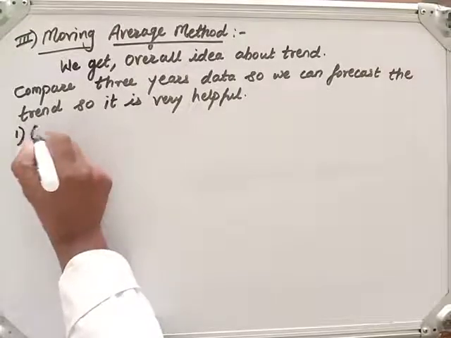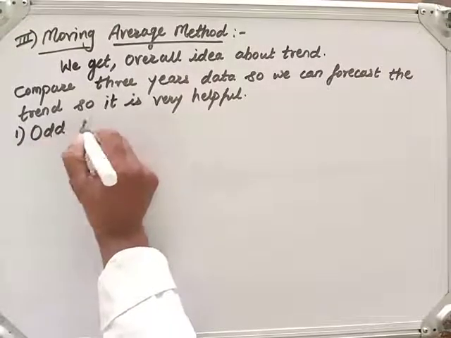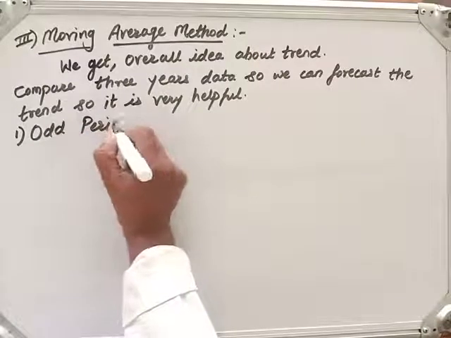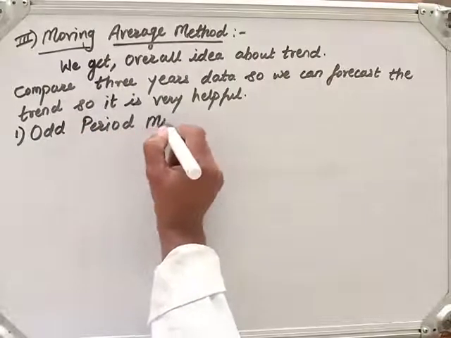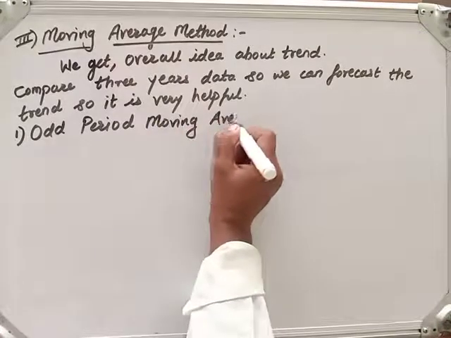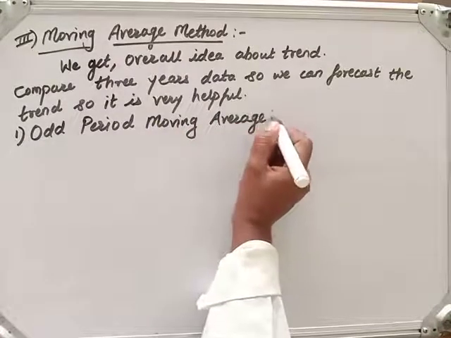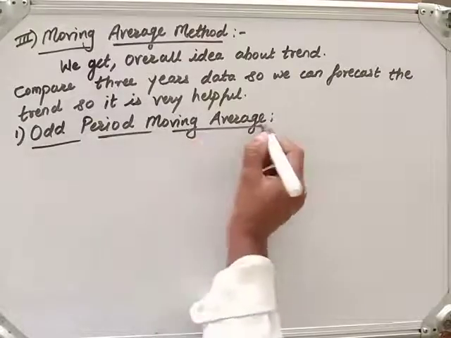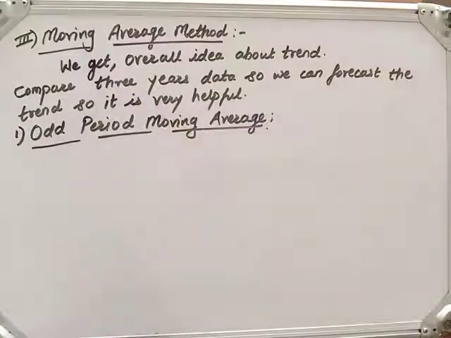Our first case is the odd period. Let's see an example for this odd period moving average.